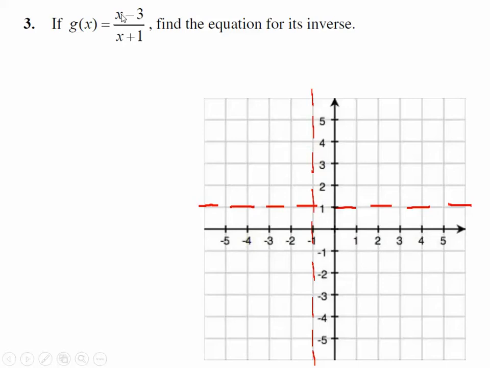We plug in a 0 for the x and then just see what happens. If I plug a 0 in for the x, that's going to give me my y-intercept, is that right? And then I can get the x-intercept. Let's do the x-intercept first. How do we figure out the x-intercept? We look at the top equation and the question is, what would produce a 0 on top? 3. Bam, done. There's my x-intercept.